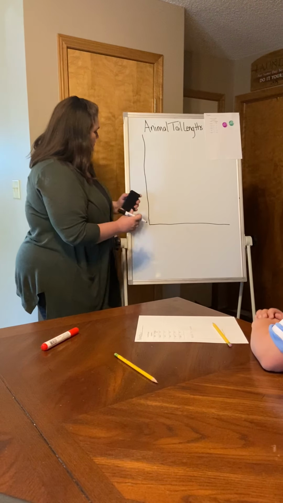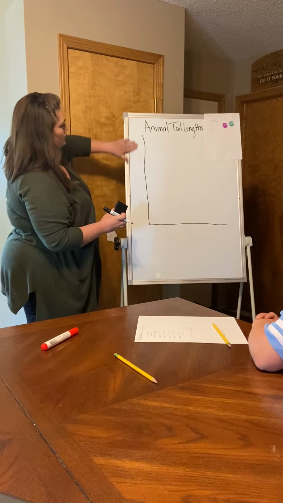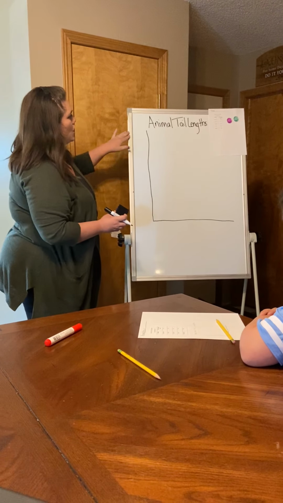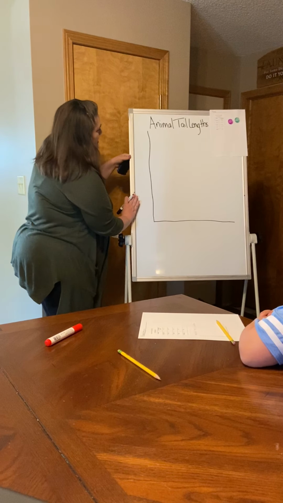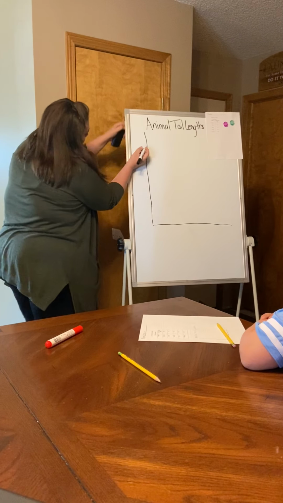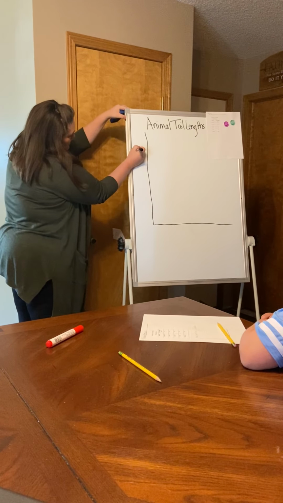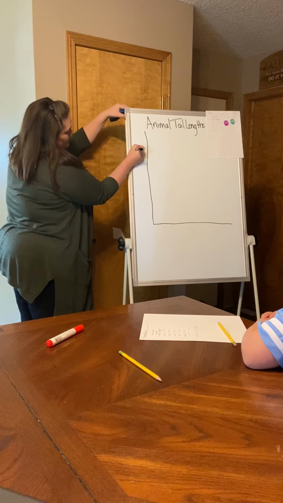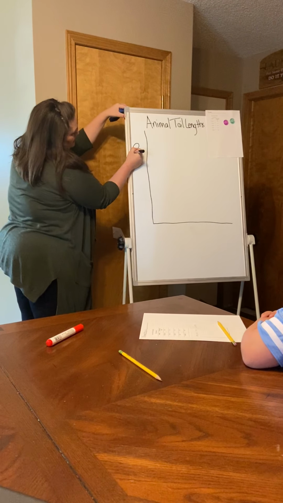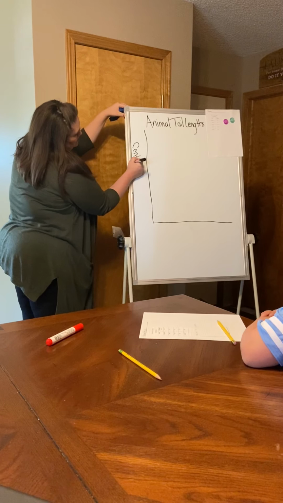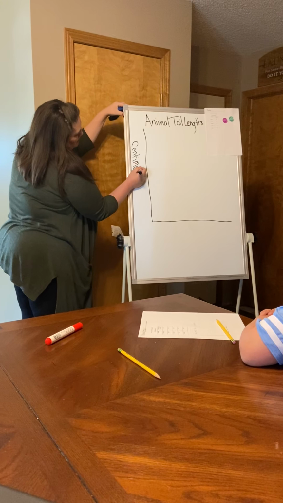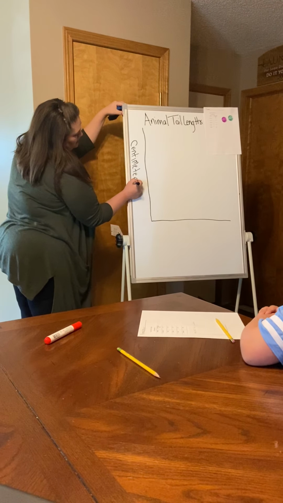Now, on our vertical side, our up and down side, we are going to write centimeters. So I'm going to write mine as neat as I can because I'm writing sideways. Centimeters. Okay?